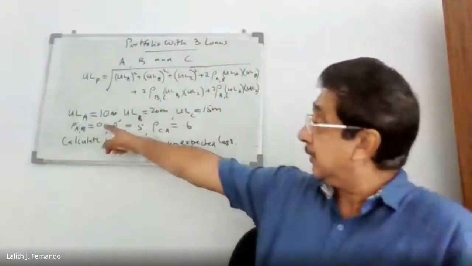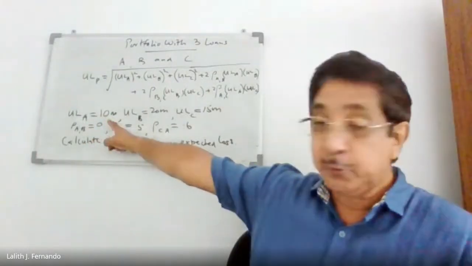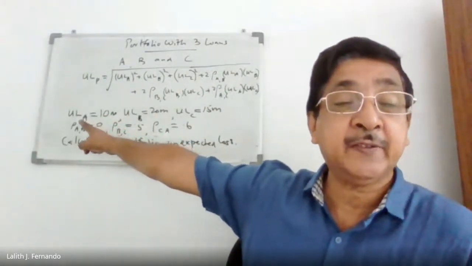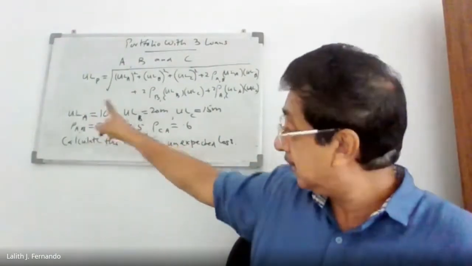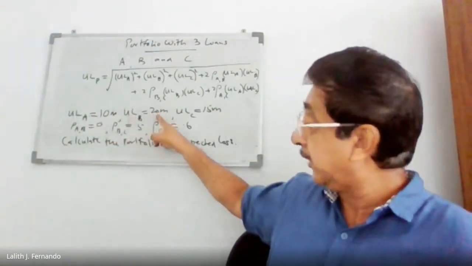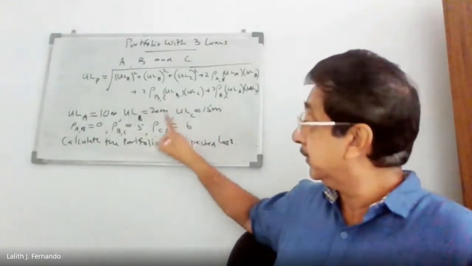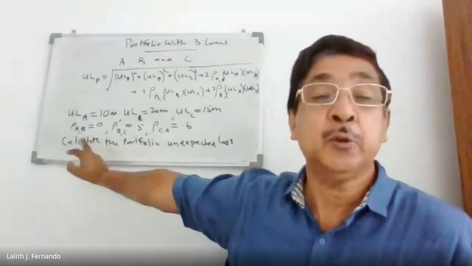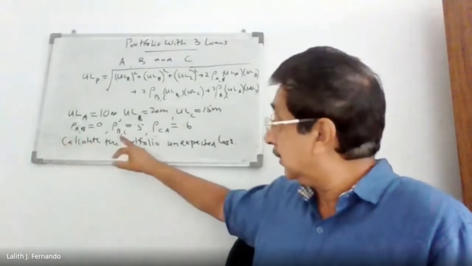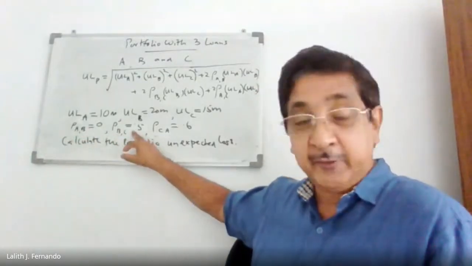Yes. ULA is equal to 10 million. ULA is the loss of loan A. ULB is 20 million. ULC is 15 million. Rho AB is 0. Rho BC is 0.5. That is the correlation.